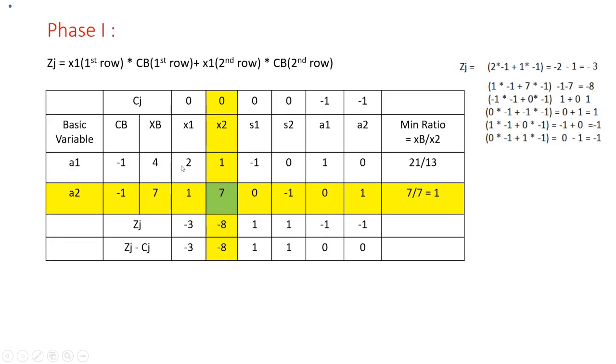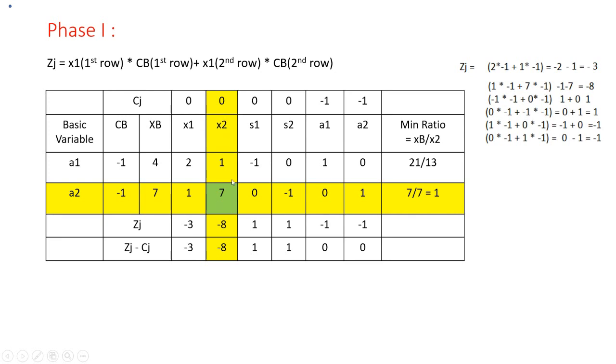Multiply these two values, so we get -2, plus the x1 second row, 1, into CB second row, which is -1. So 2 into -1 is -2, plus 1 into -1 is -1. So Zj for this x1 column is -3.